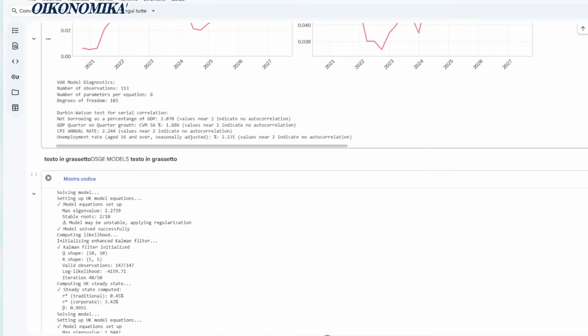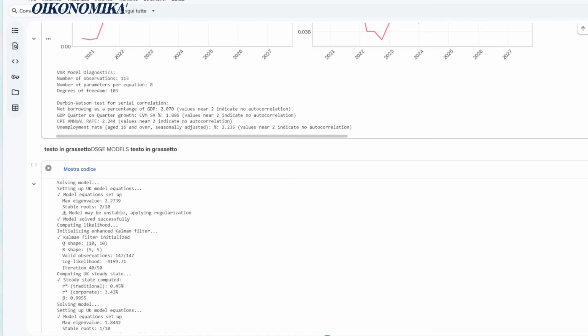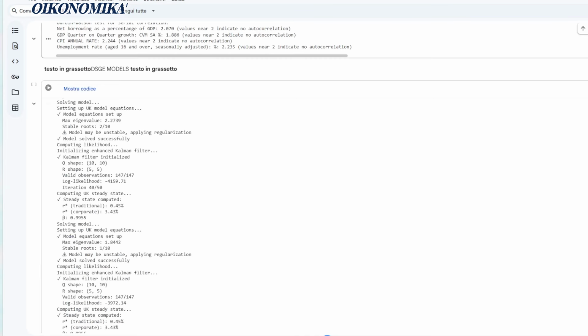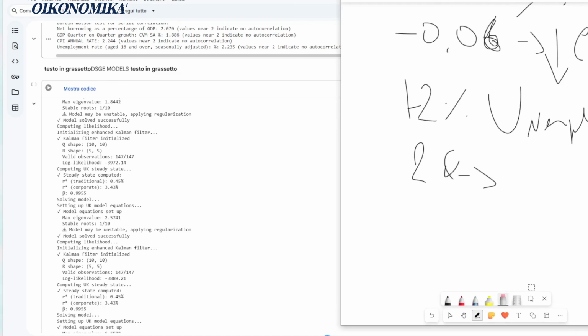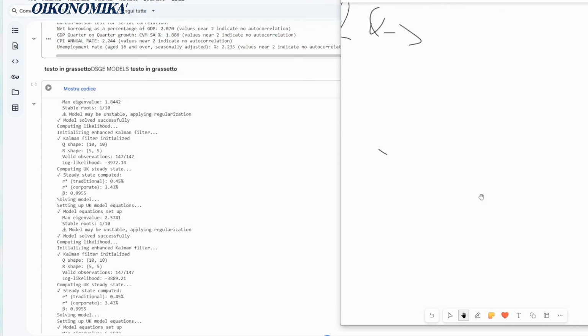So here I'm going to share with you something absolutely interesting. We have 2 kinds of DSGE models. These DSGE models are dynamic stochastic general equilibrium models. And I have another model, which is a Blanchard-Quah DSGE model.